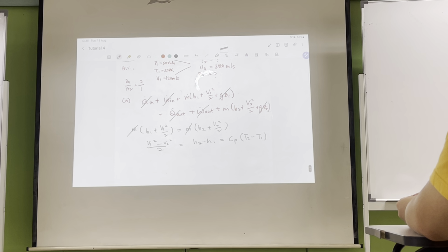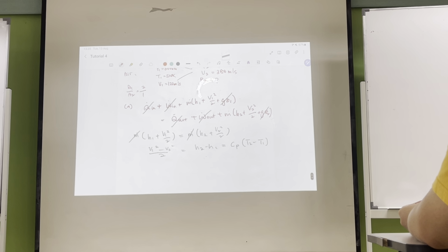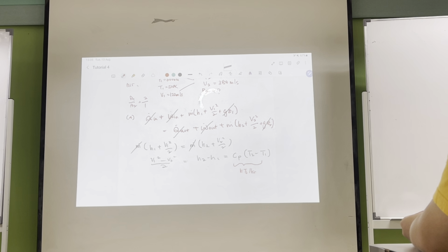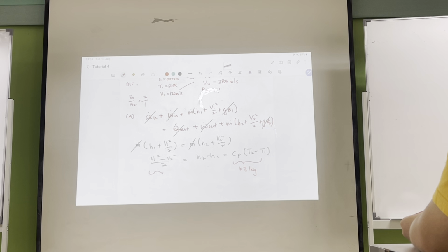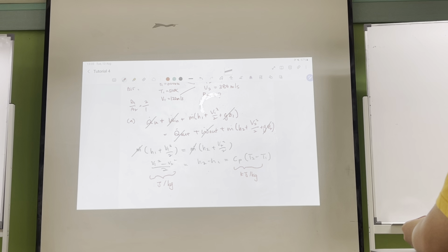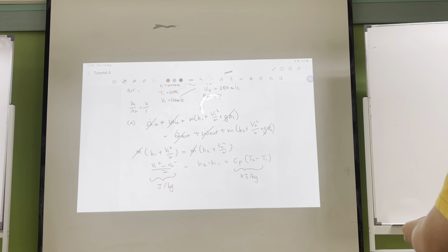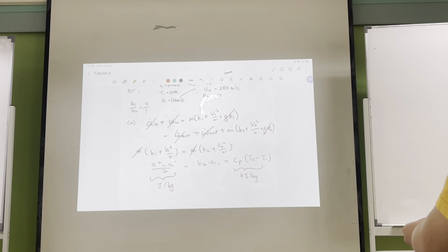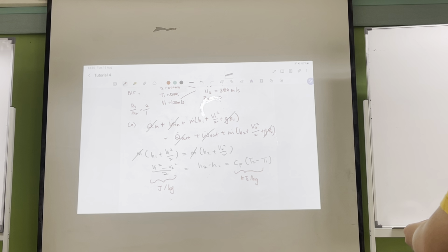Okay, so the only thing that you need to pay attention to here is this. This will give you kilojoule per kg. This will give you joule per kg. So be careful about the 1000 here. This is one thing that you must be careful of, or else your value will be very ridiculous. One thing for you to remember: kinetic energy usually doesn't have a very significant effect on the overall energy change.